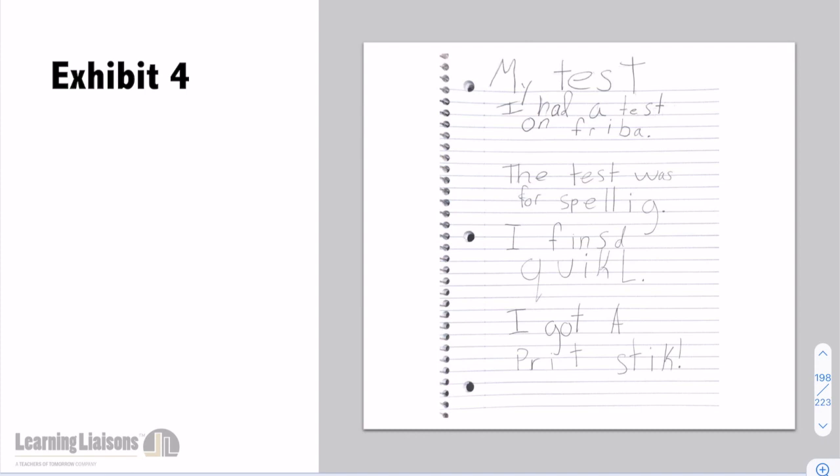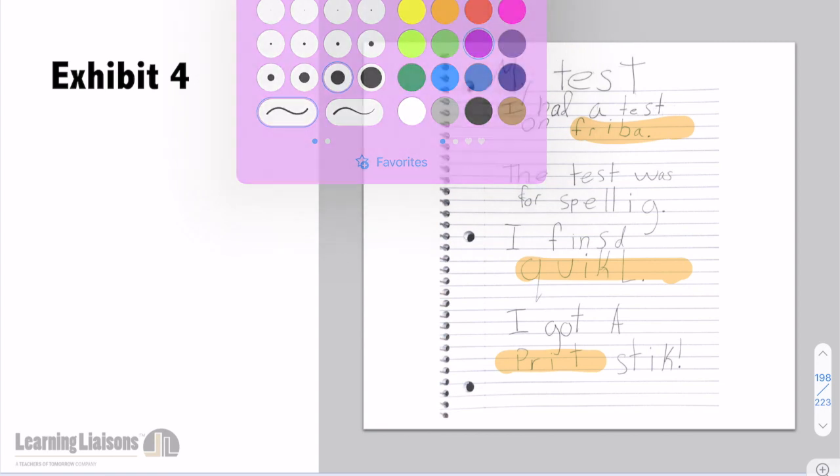For Friday, look at what letter she's missing, that ending Y. Same with quickly and pretty. And then she's missing an ending sound here. Stick, missing the SH for finished.